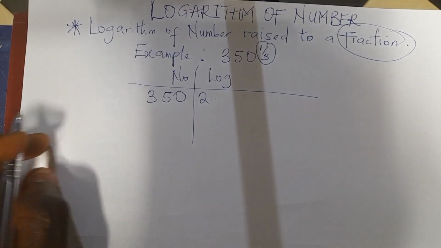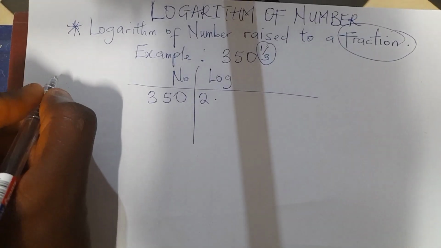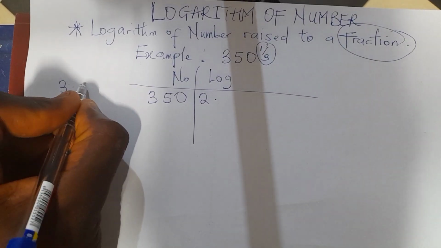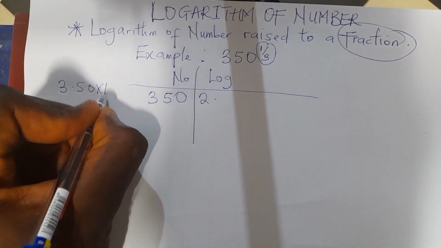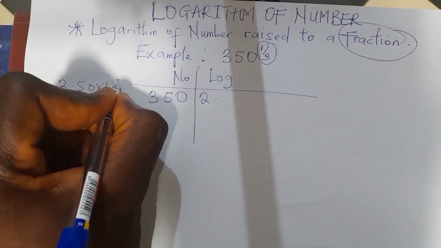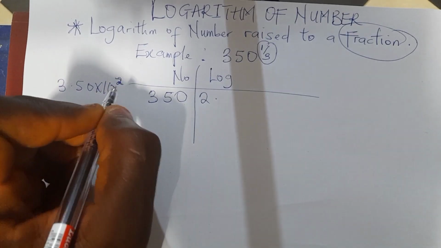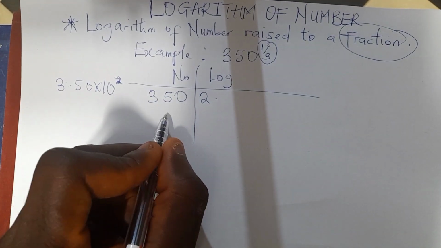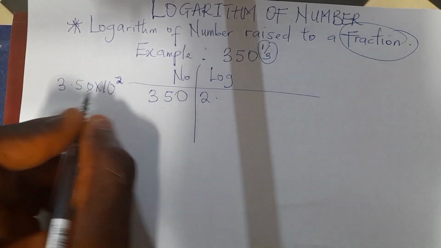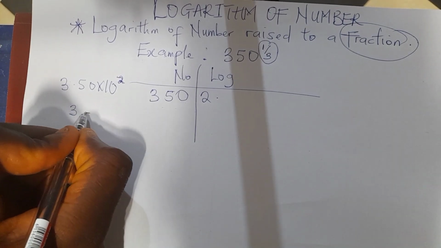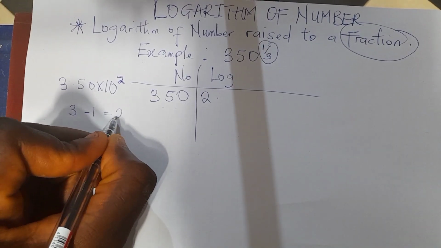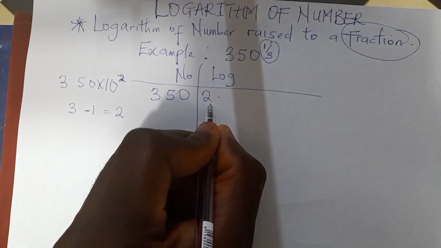Or preferably, taking it to standard form, you have 3.50 times 10 raised to power 2. Or preferably I told you, how many are they? 1, 2, 3. So we have 3. Then deduct 1 from it, gives you 2. So that's the integer.